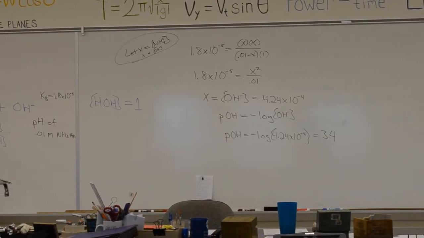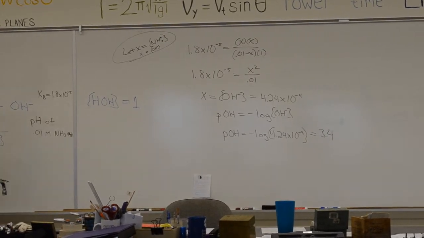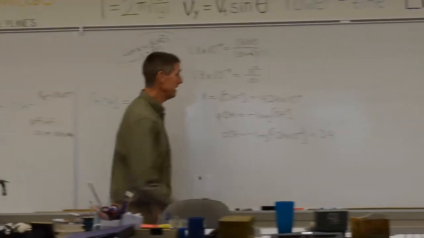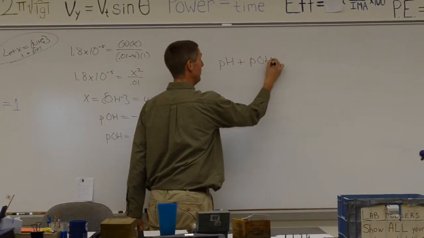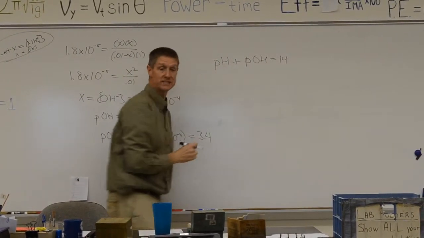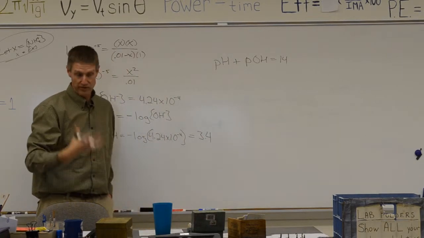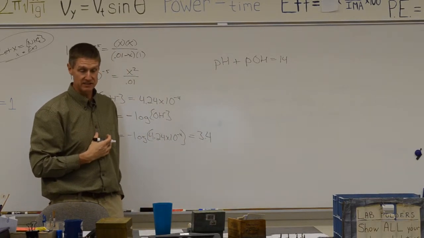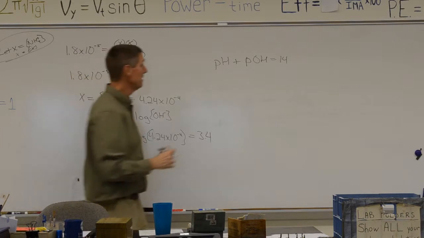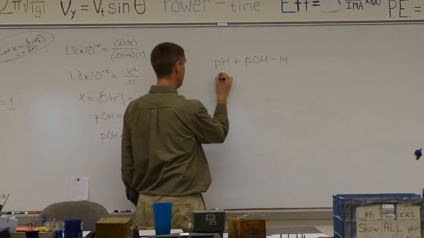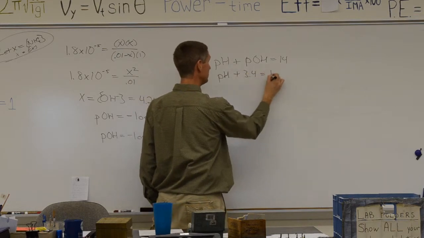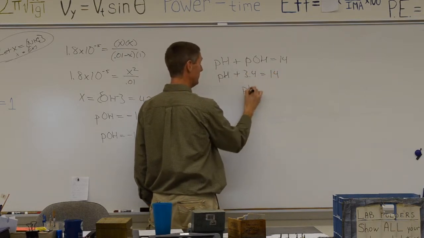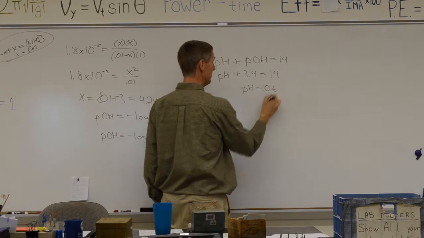We don't actually measure the pOH. We measure the pH. And so what do we know about pH and pOH? Well, pH and pOH always add up to equal the number 14. And we're going to go through a little calculation here in just a second to prove that to you. But for right now, we're going to say that the pH plus 3.4 is equal to 14. Therefore, our pH must be equal to 10.6.